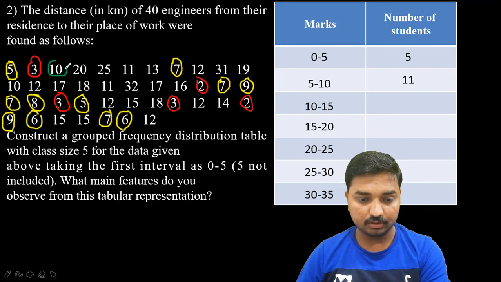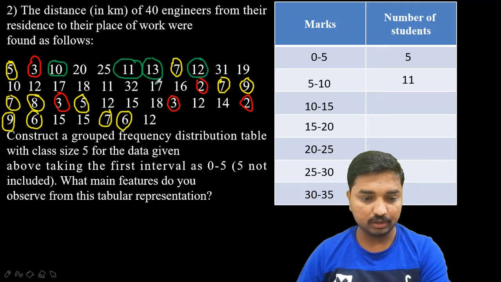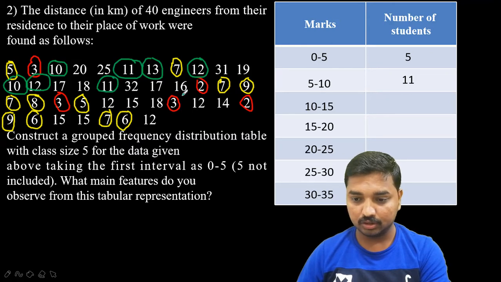Here it is 11, and here it is 13, and here it is 12, and 19, no. Less than 15, you can include 10, and you can include 12 also, and you can include 11, and 15, less than 15 actually.